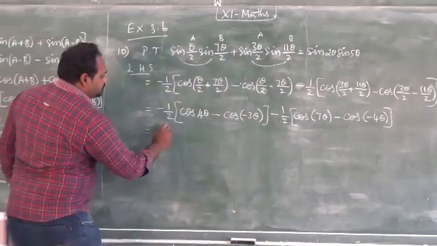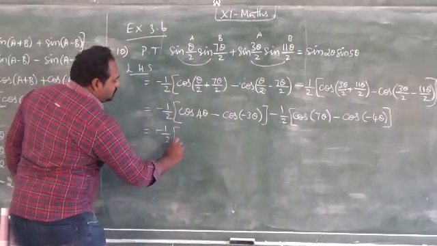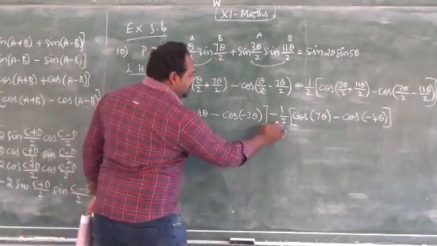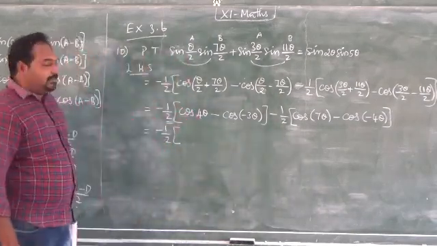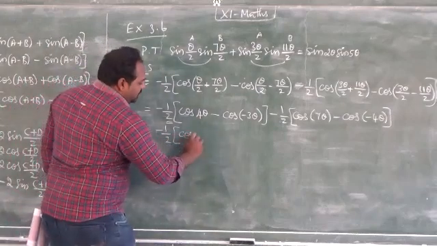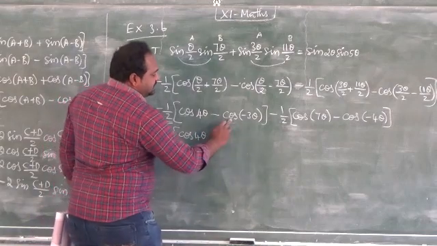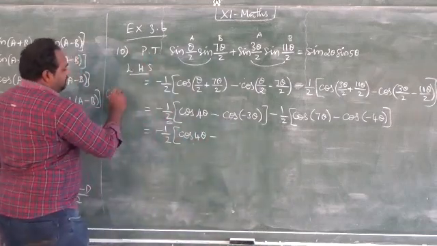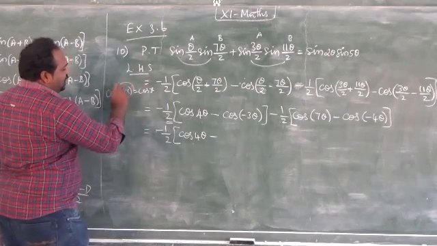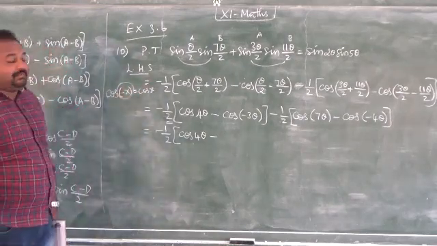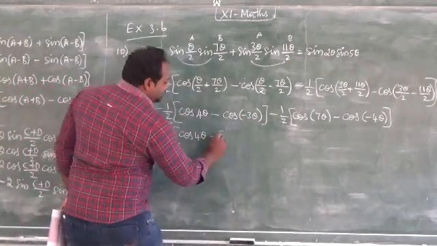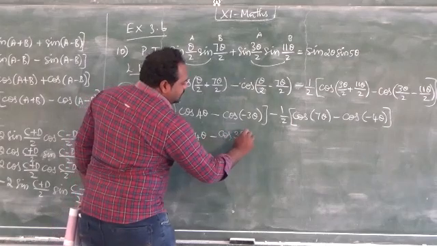So here I am taking minus 1 by 2 commonly outside, because in these two terms we have minus 1 by 2, it's common. This is cos 4 theta minus cos minus 3 theta. I told you already, we have studied from the beginning, cos of minus x is always cos x, an even function. So when you have a negative argument in the cos, it will be positive. So cos of minus 3 theta is always cos 3 theta.